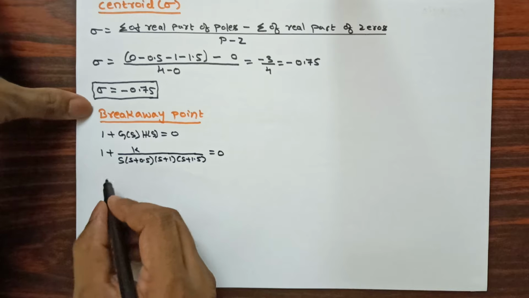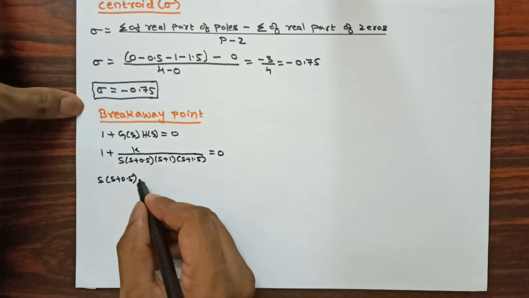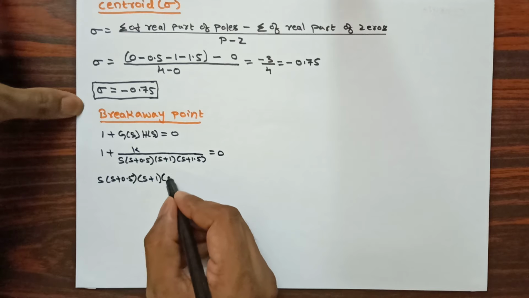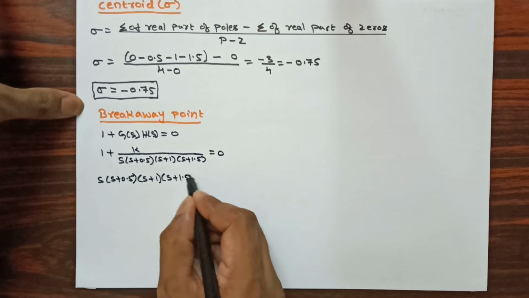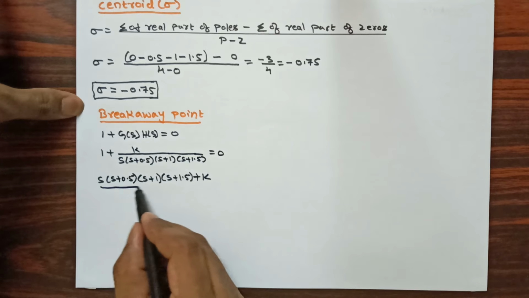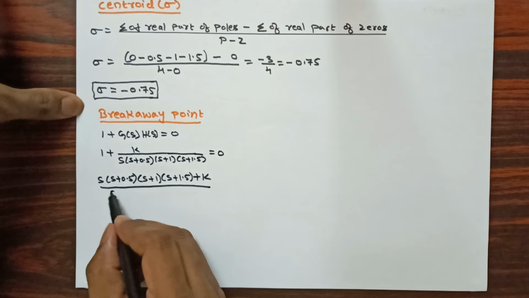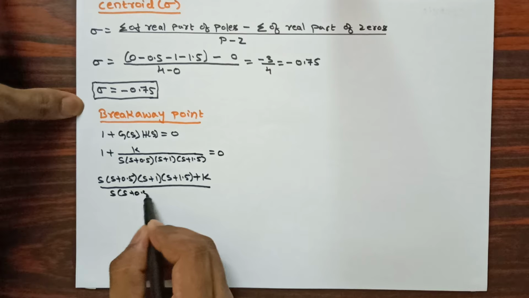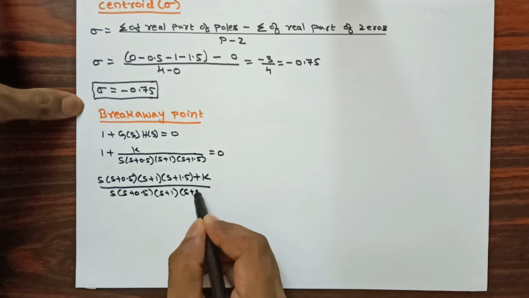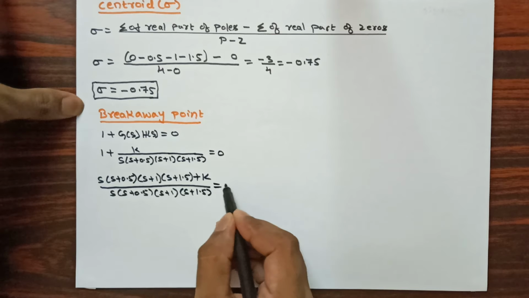By taking LCM, s into s plus 0.5 into s plus 1 into s plus 1.5 plus k, whole divided by s into s plus 0.5, s plus 1, s plus 1.5 is equal to 0.